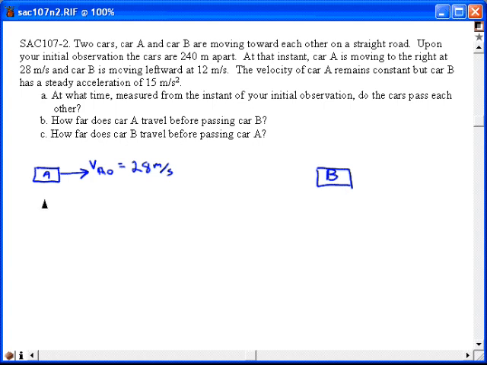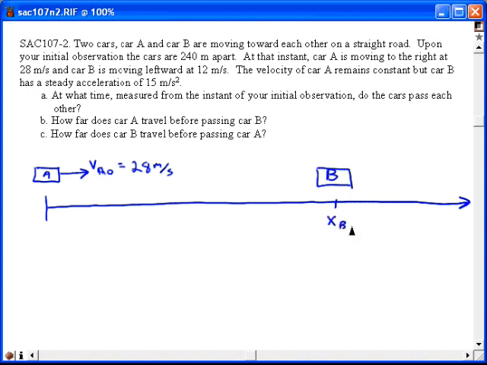And let's get the x-axis indicated, and xb at time 0 is given as 240 meters. Alright, let's read some more.